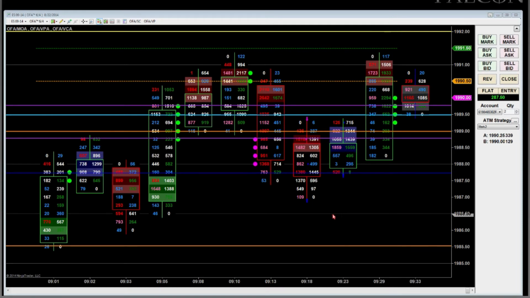Because you have to ask yourself, and you've got to get yourself to almost do this automatically, when you see a succession of weakness, either at the bid or the offer, after a fairly even auction, you've got to ask yourself, why? Why would I be seeing such weakness in the offer?